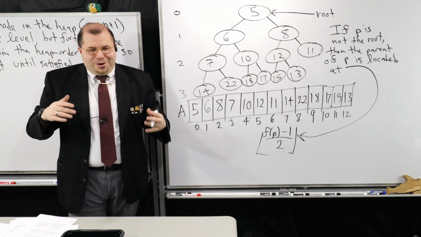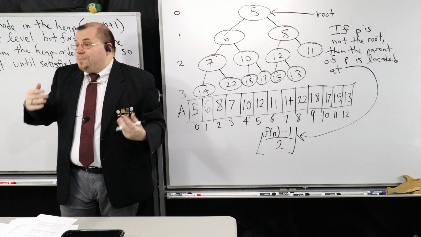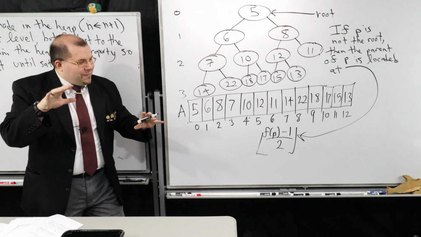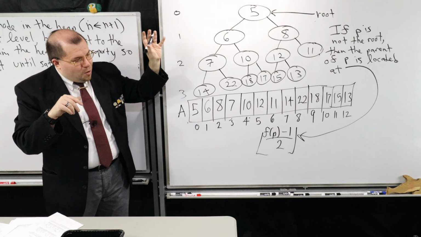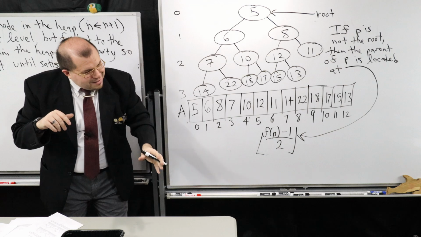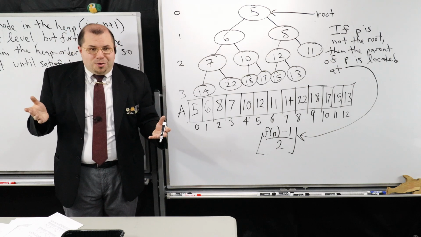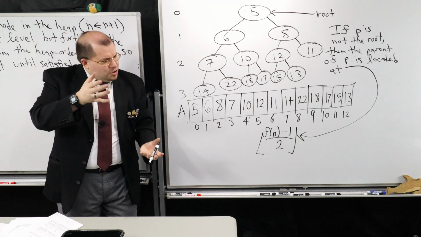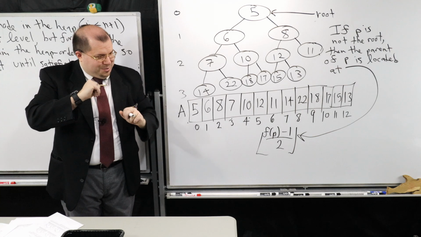So in our case, water, we want it to go up as high as it can to the surface. So the idea is that I'm going to jam the node in right where I need it to be for the complete binary tree property of the heap, and then I'm going to allow it to make its way up the tree through swappings of nodes.